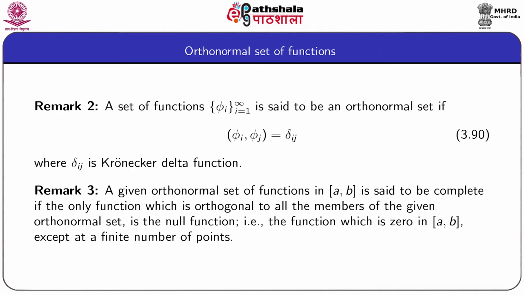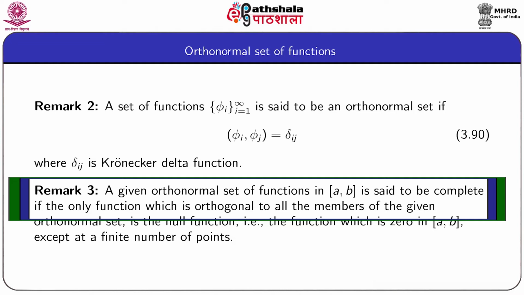Next we come to observation 2, that is given in remark 2. A set of functions phi_i, i ranging from 1 to infinity, is said to be an orthonormal set if the inner product of phi_i and phi_j equals delta_ij as given by equation 3.90, where delta_ij is the Kronecker delta.